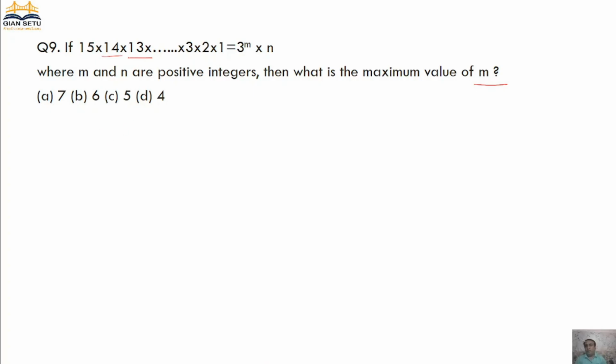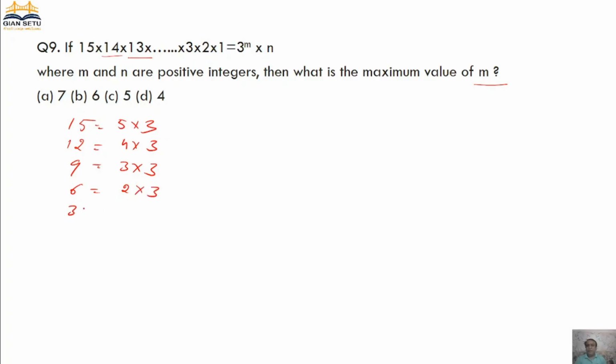Now let's try to solve this question by the manual method first. Now we can write 15 as 5 into 3, and then there will be a 12, and it will be 4 into 3. Then we will have 9, it will be 3 into 3. Now 6, we will write 2 into 3.